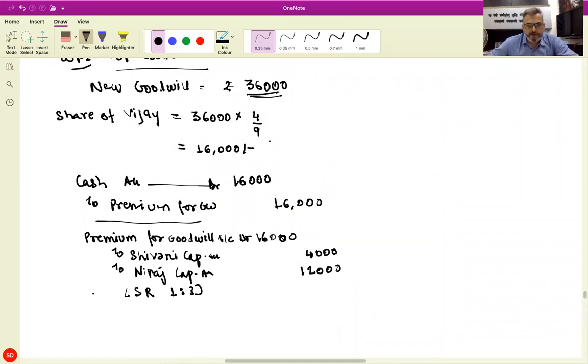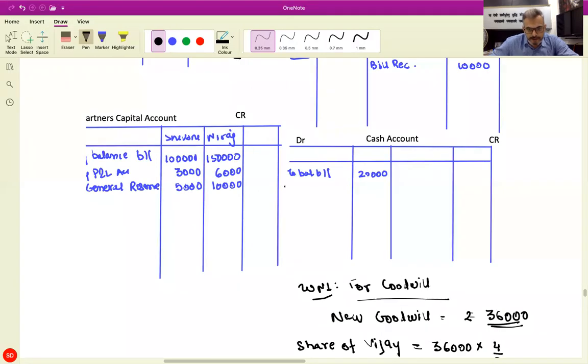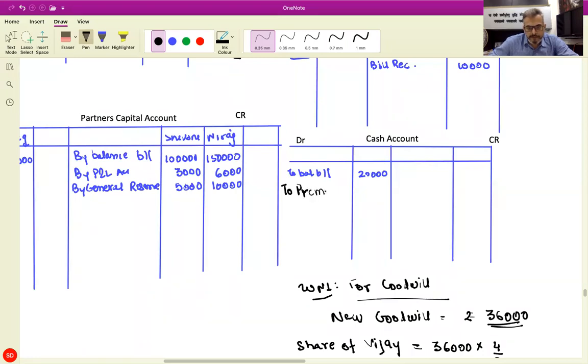Let's do the posting. Cash account debit side to premium for goodwill. Amount is 16,000.